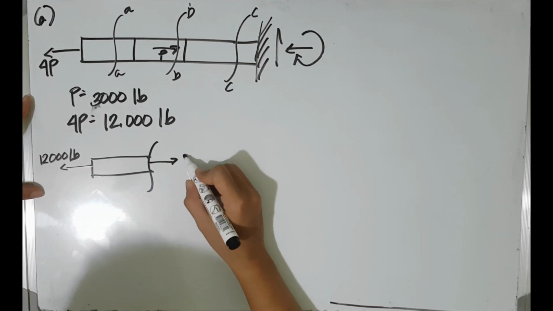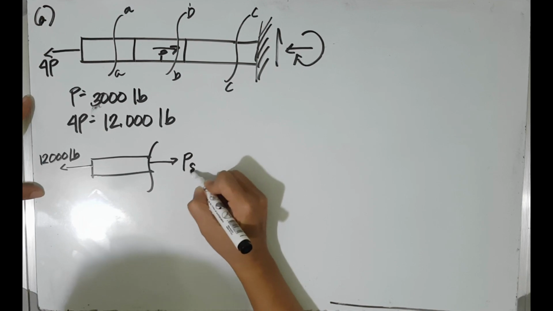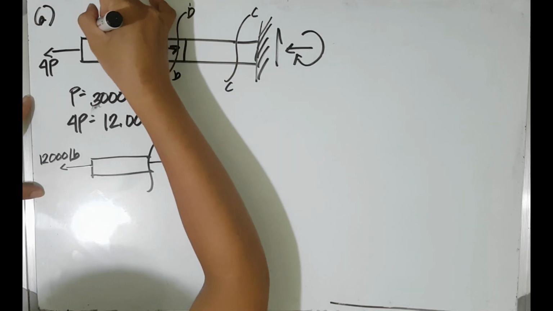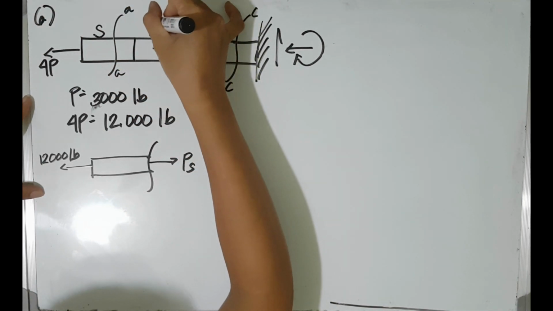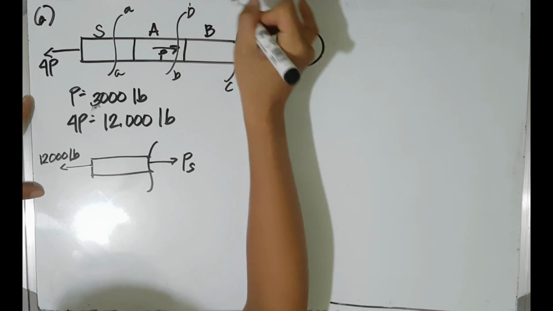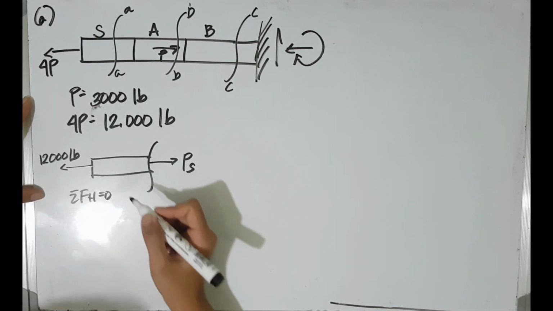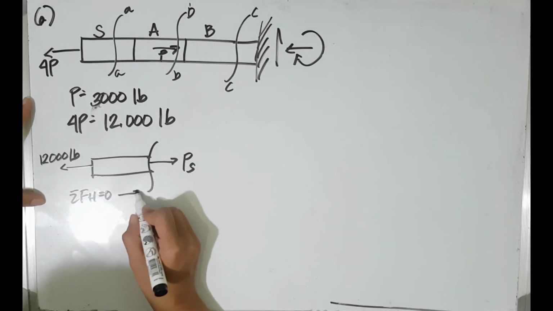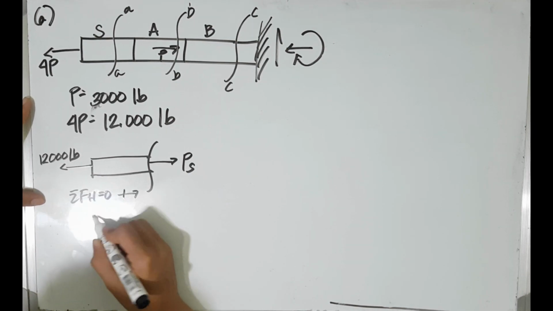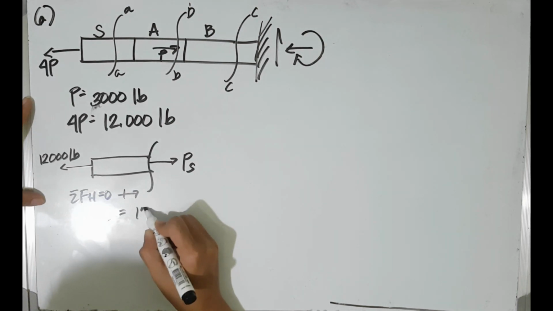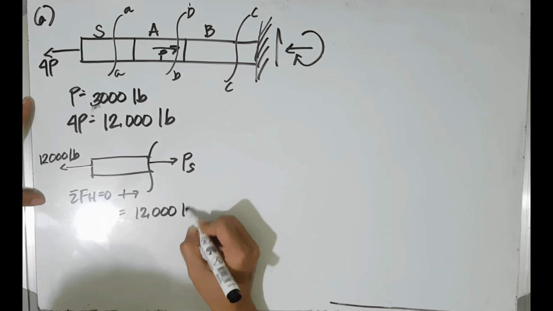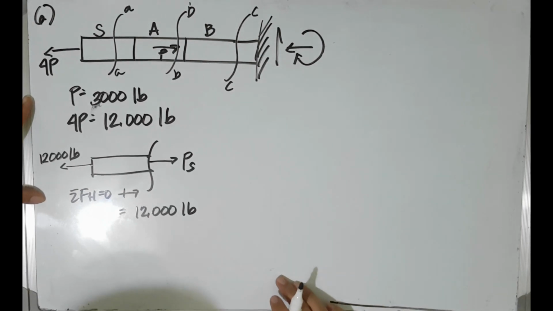So having the free body diagram of the first section, the internal force acting on the steel can be determined through having the summation of forces horizontal equal to 0, right direction positive.